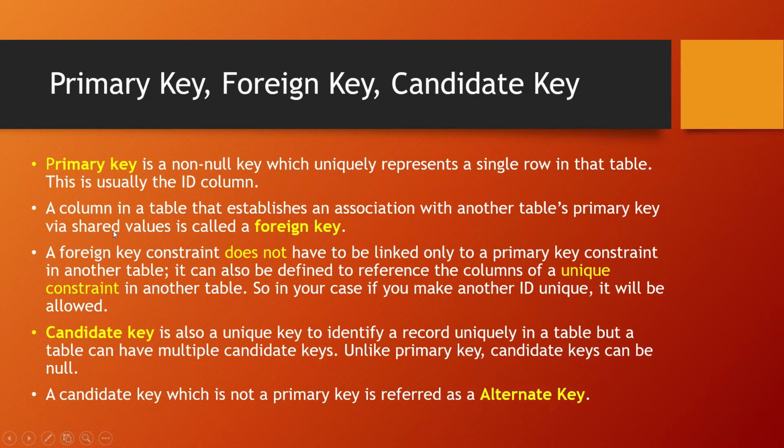So the first difference between the two is that there is only one primary key in the table whereas there can be multiple candidate keys. Unlike primary key, candidate keys can be null. So candidate key can be null while primary key is non-null. So this is the second difference. A candidate key which is not a primary key is referred to as an alternate key. So all those candidate keys which are not primary key are alternate keys.